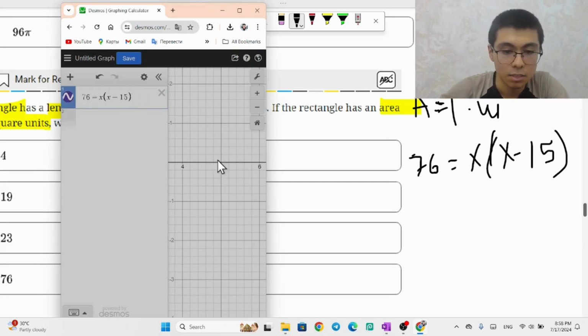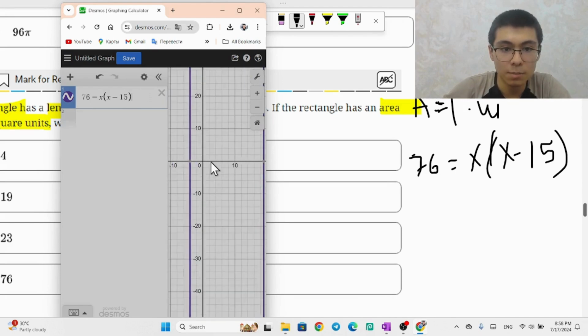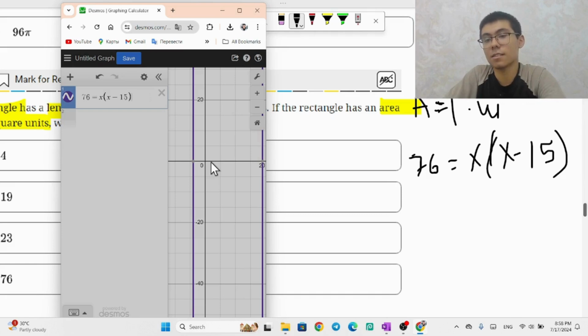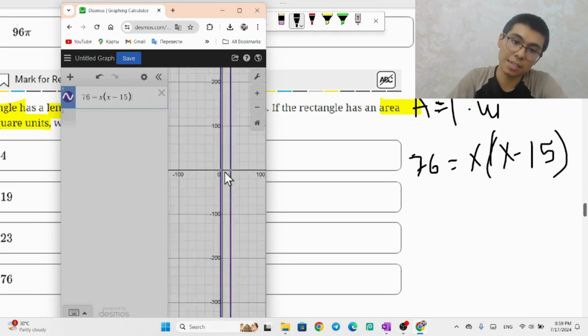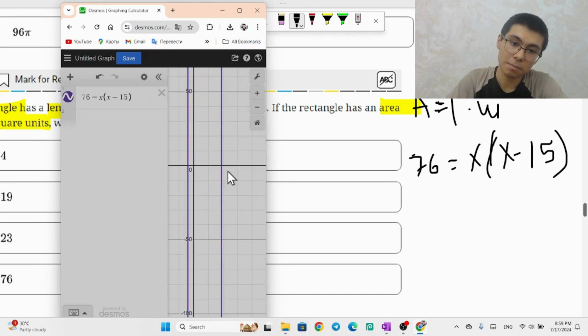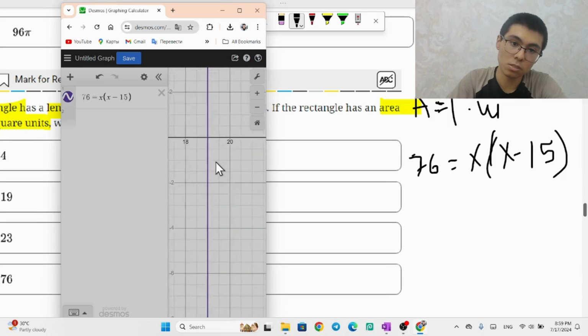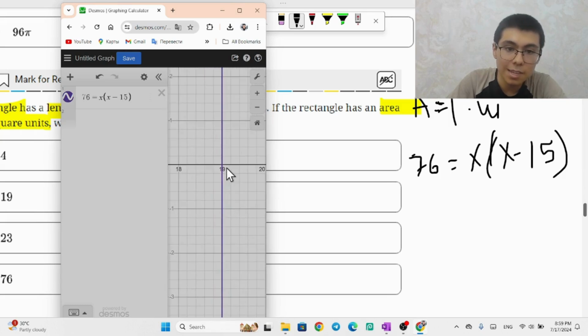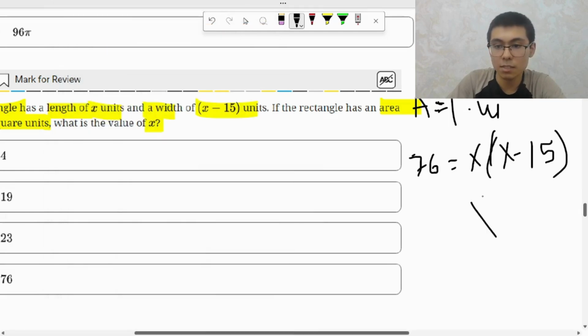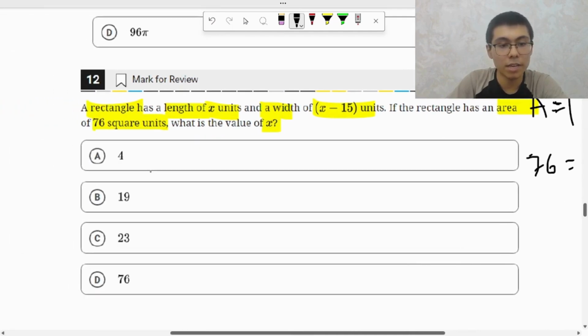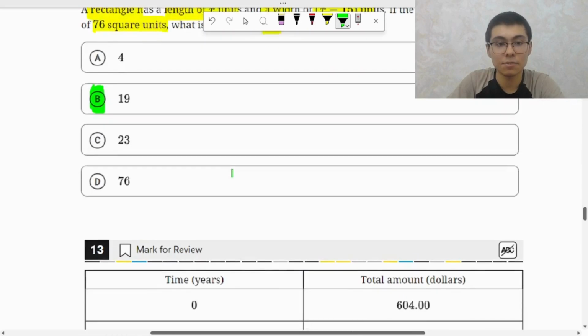I'm going to zoom out a little bit, and because length cannot be negative, I'm going to ignore the negative parts and focus on the positive part. So it's 19, as you can see. So x equals 19. Let's look at the answer choices. So B is correct. I hope you're understanding everything.